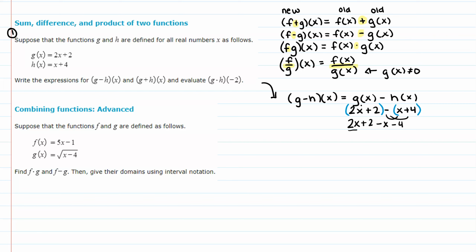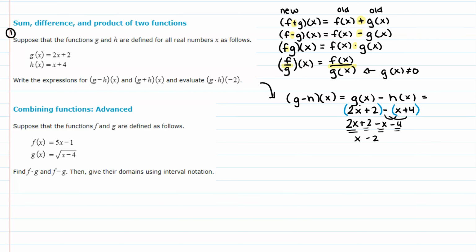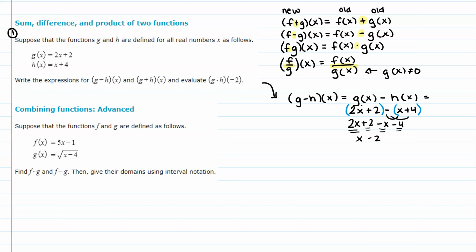Now I can combine some like terms. 2x minus x is just 1x. And positive 2 minus 4 is negative 2. So my new function with the name g minus h of x, which is found by subtracting h from g, is going to spit out a result x minus 2.